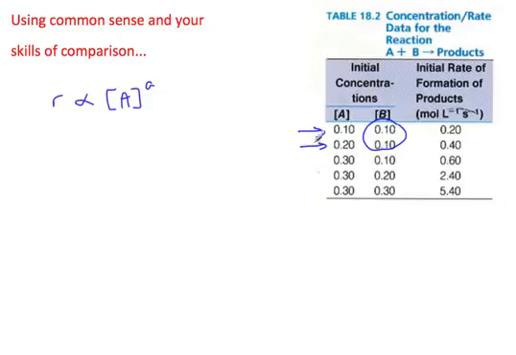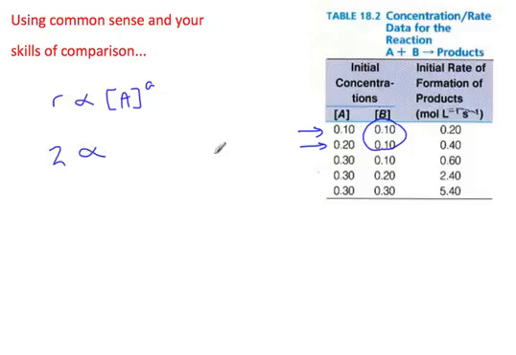Between reactions 1 and 2, we affected a rate change that essentially doubled. We went from 0.2 moles per liter second to 0.4 moles per liter second. So rate increased by a factor of 2, it doubled.